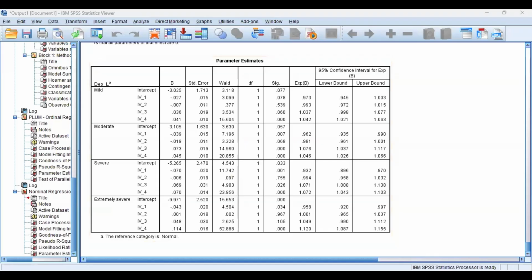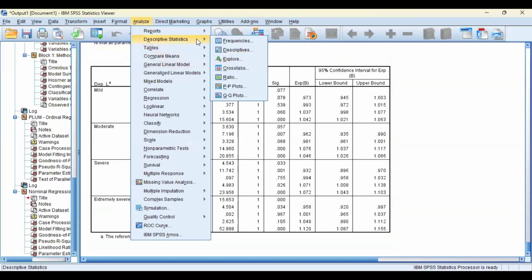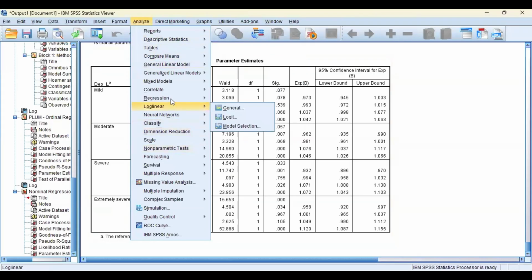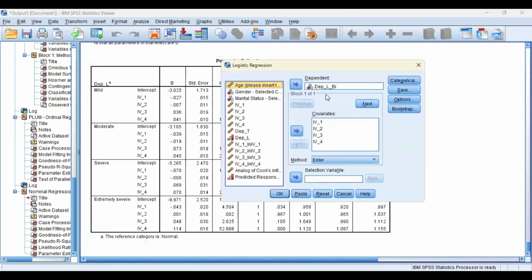And the final point that I wanted to explain is what if you want to include covariates in any of these analyses? It's actually very simple to include covariates in your analysis. Let's just do it with binary logistic regression. Remember what we did for binary logistic regression, putting our binary dependent variable here and the non-binary ones here.